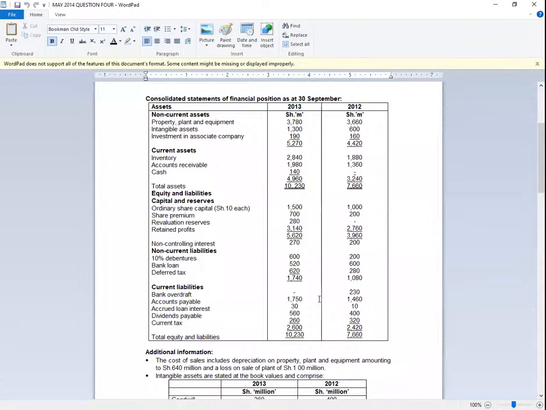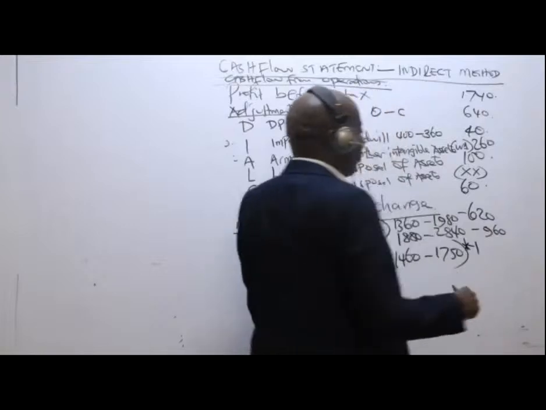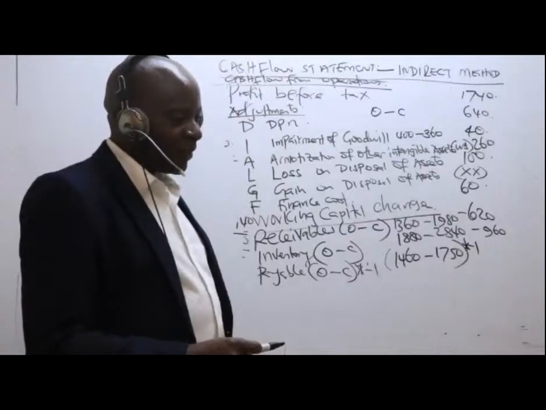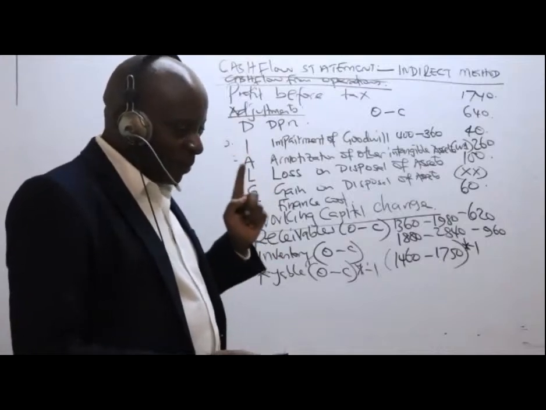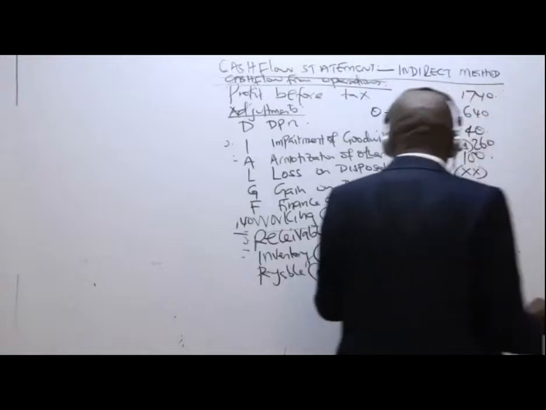So we have 1460 minus 1750, and then whatever we get, we change the sign by multiplying this by negative 1, and write the figure with the proper sign. The proper figure, I'm being told, is 290.